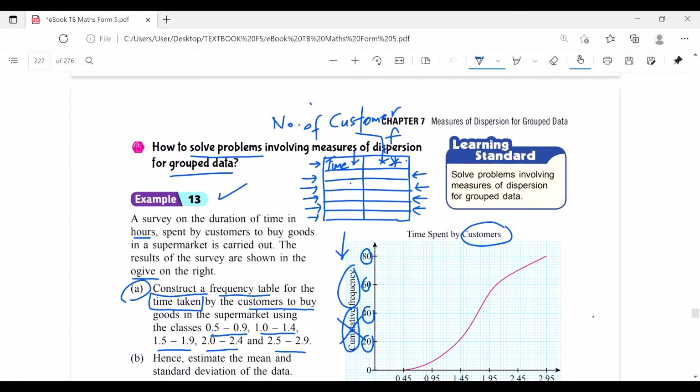But you cannot take the value here from the upper boundary. You'll take it from here, but you have to do something with it, because all these are cumulative frequency. Okay, so let's see how to do it.